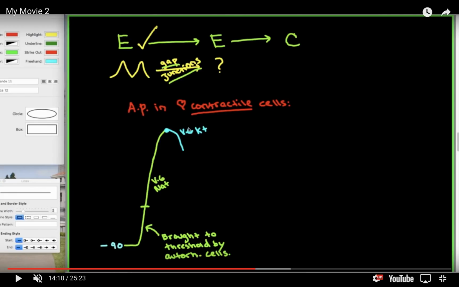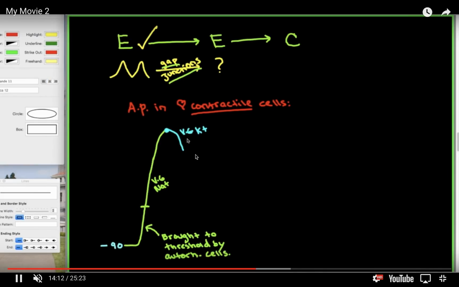But here's where the big difference comes in. In neurons, we usually just kept repolarizing and got really negative really quickly to get ready for another action potential. But in contractile cells, they do this weird thing.